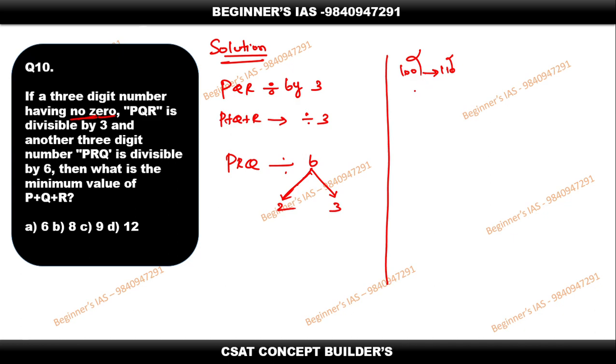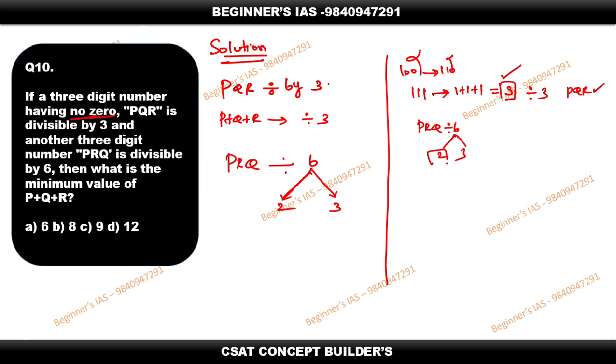Now I am moving with 111. If you are moving with 111, yes, 1 plus 1 plus 1 is surely 3. This number is divisible by 3. It satisfies the first condition, PQR divisible by 3. But when I am checking with PRQ, it should be divisible by 6, which means by 2 and 3.